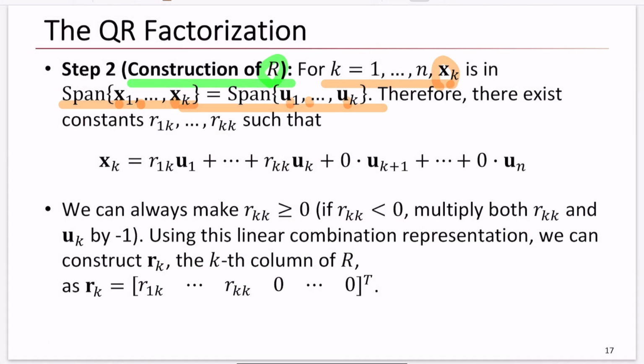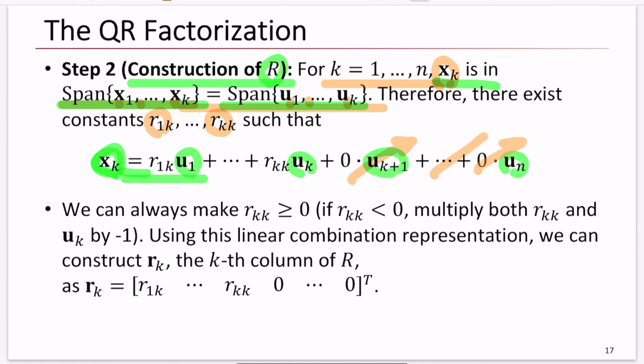Therefore there exist constants r1k, r2k, ..., rkk such that, because xk is in the span of u1, ..., uk, xk can be represented by a linear combination of u1, u2, ..., uk, plus zero times the remaining terms, because we assume xk is in the subspace spanned by u1 to uk. Then it should exist like this.